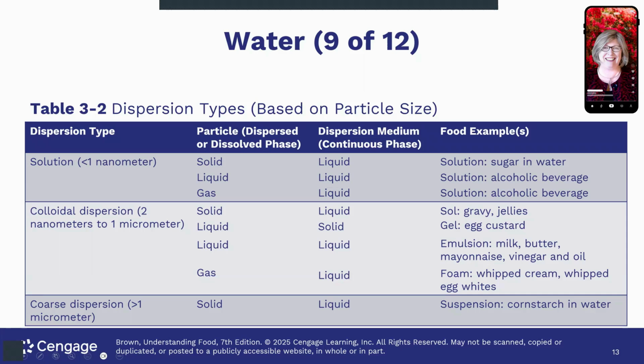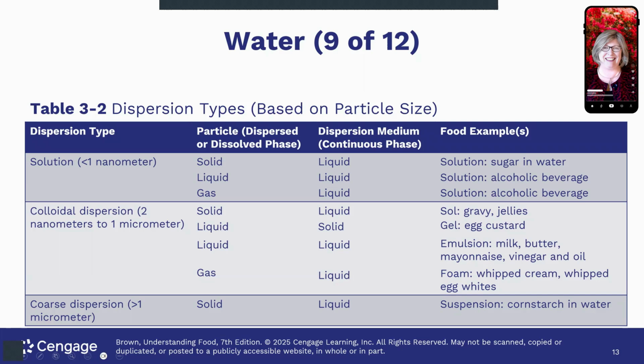Same with gas. When you get slightly bigger particles, you can have a dispersion, like in gravies or jellies or egg custard. You have emulsions, which are huge in food preparation. We'll talk about that. That's a big food science topic. And you have foams, again, a very big topic in food science.